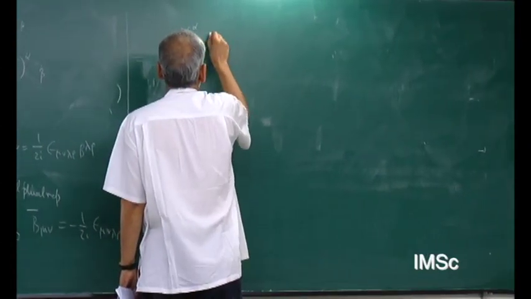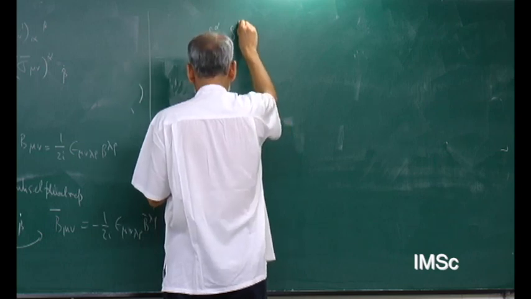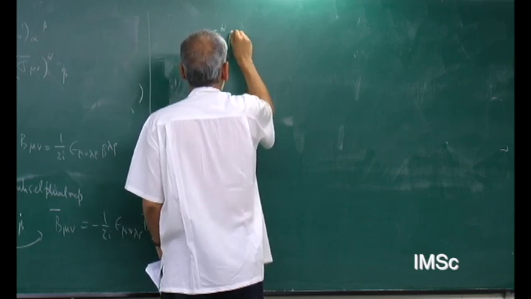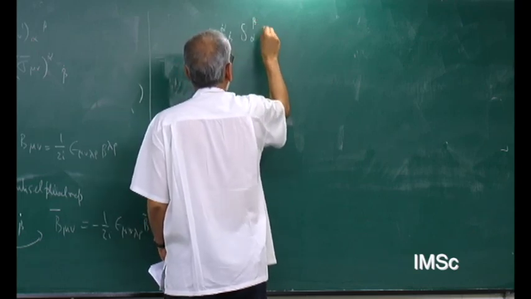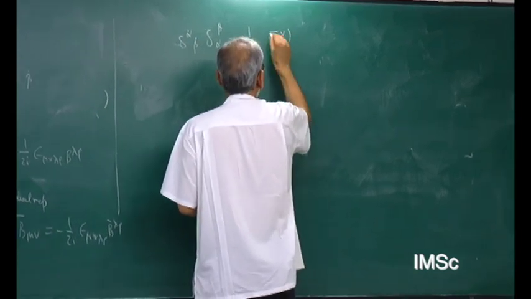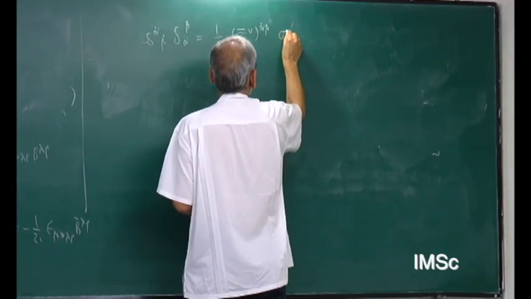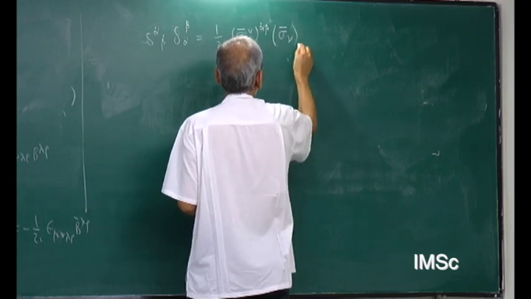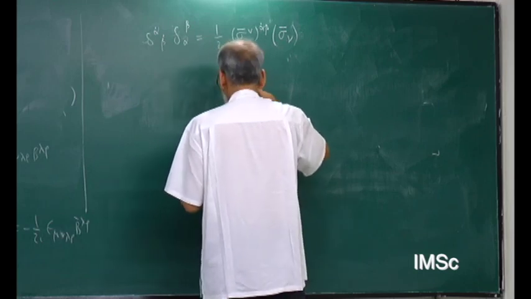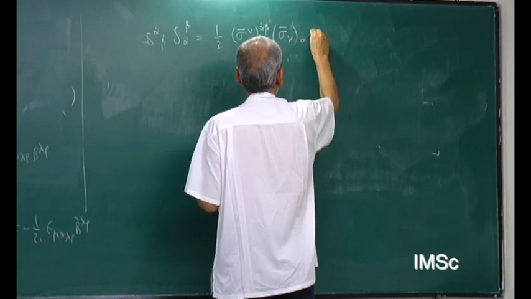Delta alpha beta, delta alpha dot beta dot is 1/2 sigma nu alpha dot beta sigma nu down alpha beta dot.